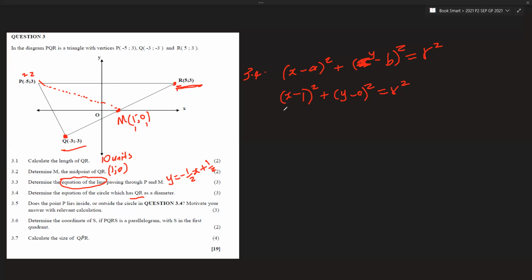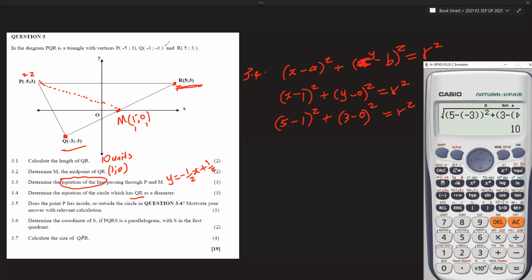So I'm going to take 5 and 3. So my x is 5. So 5 minus 1. So I substituted 5 there. Plus my y is 3. So I'm going to have 3 minus 0 squared equals to r squared. Then we go to our calculator. Let's see what it gives us.